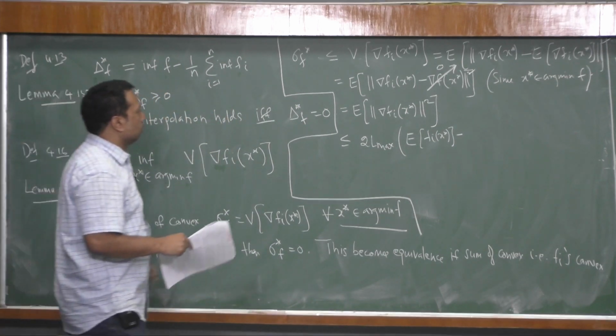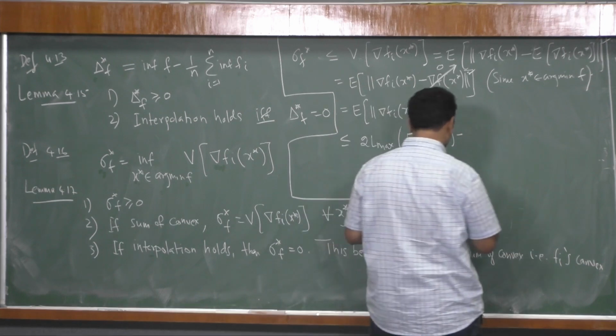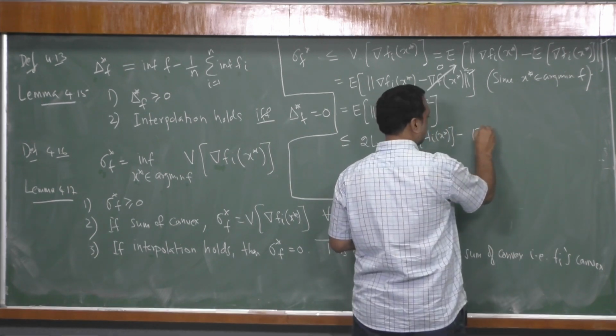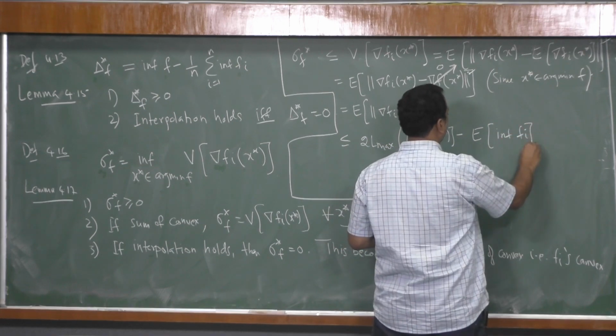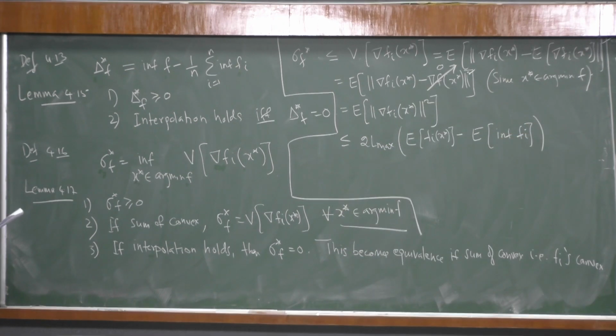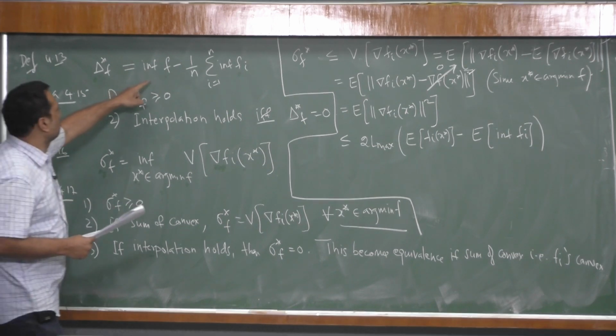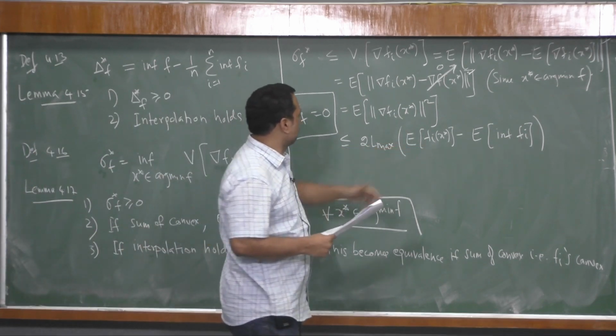So the expectation of the infimum of f_i, let us put it there. So expectation of f_i x star is nothing but the infimum of f, because expectation of f_i is f.